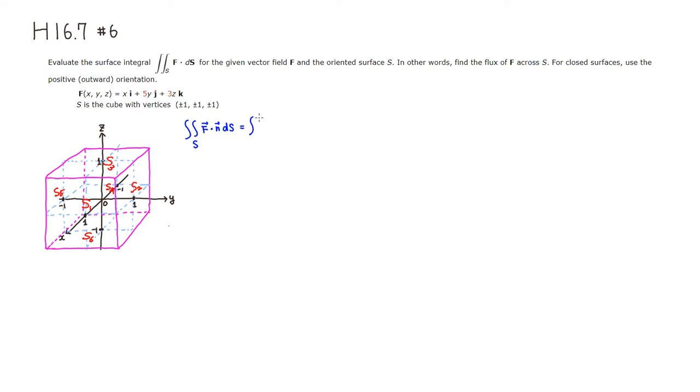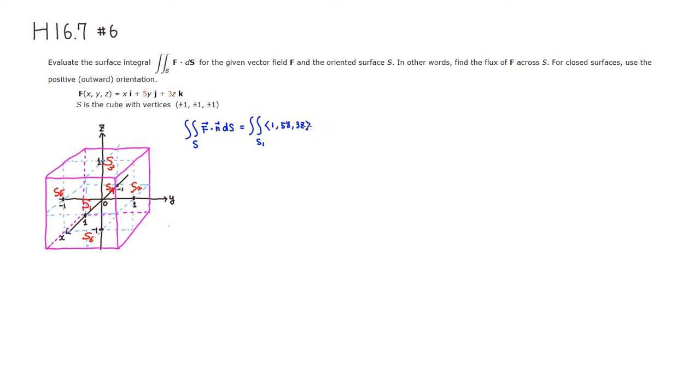So it's an integral over S1. Let's look at S1, where x is equal to 1. So the integral is going to be, x is already 1, and you have a 5y as the second component, and a 3z.